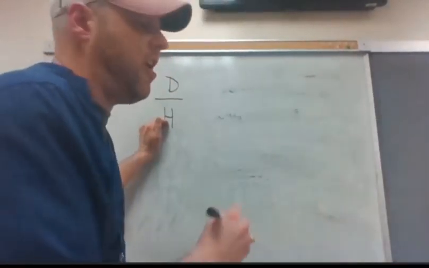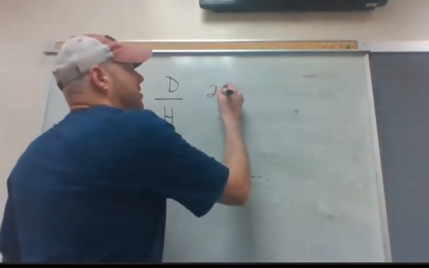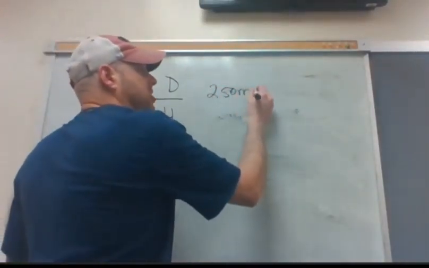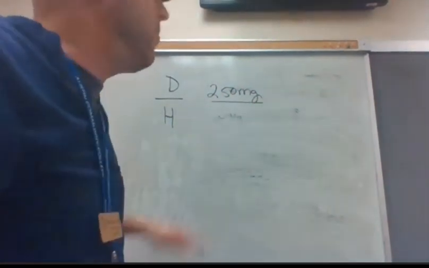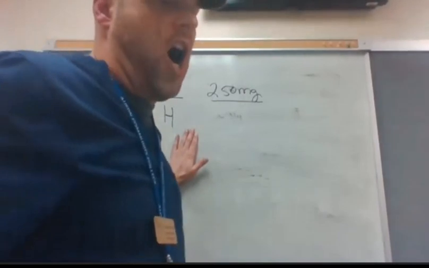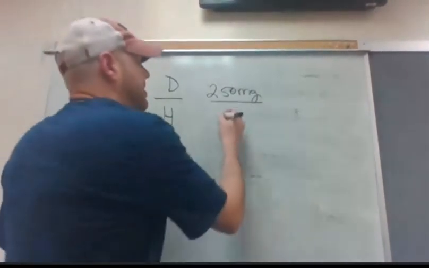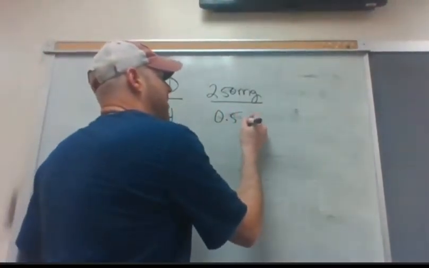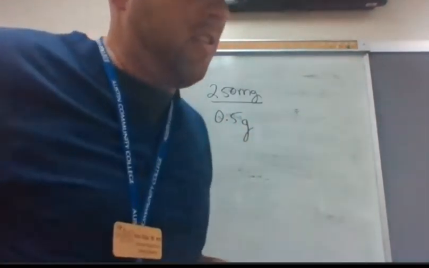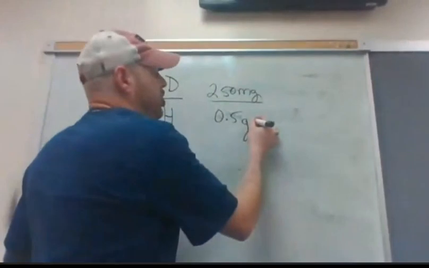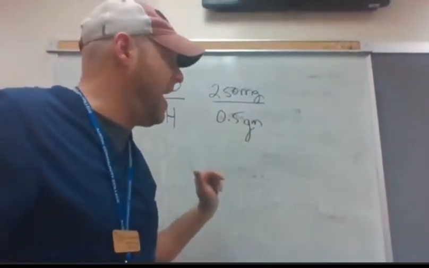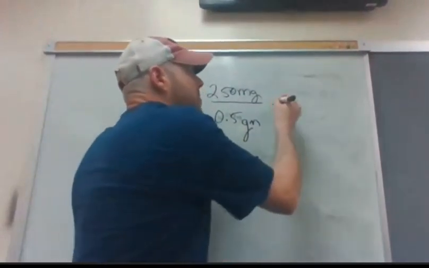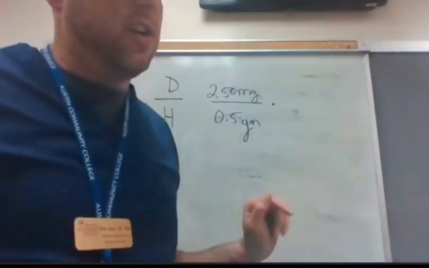We know, what did the doctor order? The doctor is on top at all times. It's 250 milligrams, okay? And what is available on hand? I have 0.5 grams. Now, notice in this problem how they use GM. Sometimes it will just be a G. It's all the same. All right, now, but that's not all I have on hand, correct?